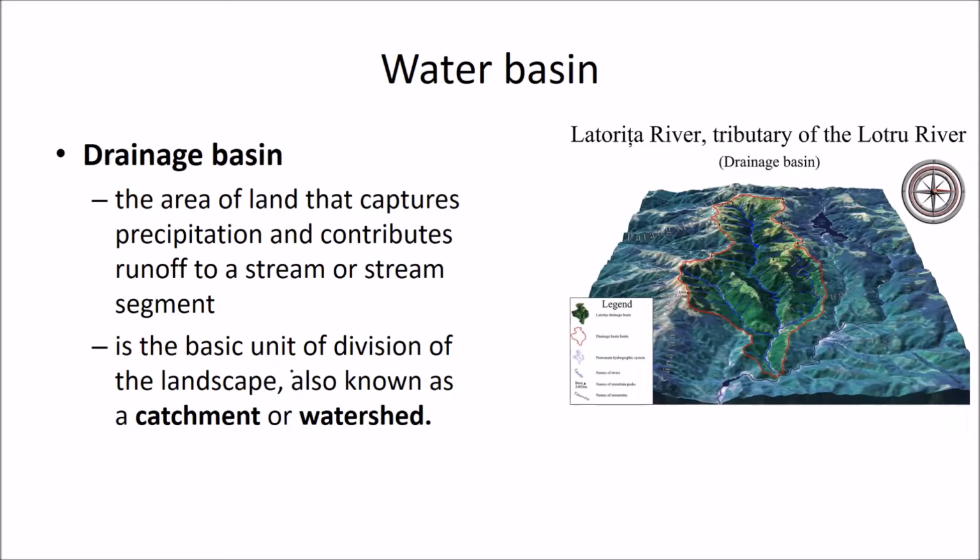The drainage basin is the basic unit of division of the landscape, also known as the catchment or watershed. We may use these three terminologies interchangeably, with the same meaning. That means the area of land that captures precipitation for one major stream.